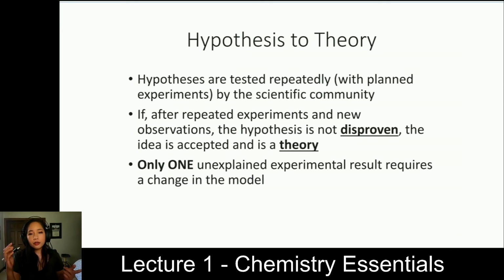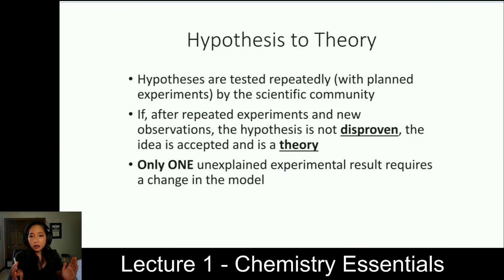All right. So finally, the last step of the scientific method is to propose a theory. So how do we go from hypothesis to experiment? How do we go back and forth between those? How does a hypothesis become a theory? Well, hypotheses need to be tested repeatedly with lots of different experiments and hopefully by a lot of different people.